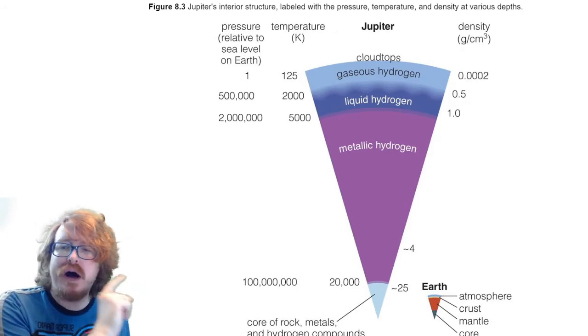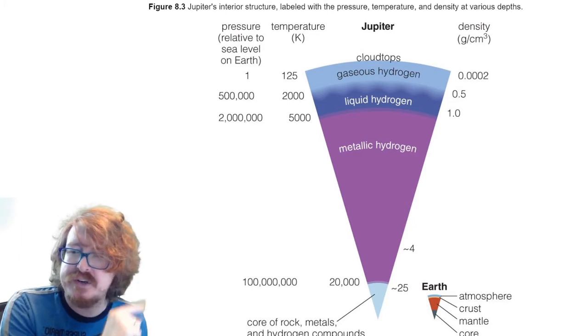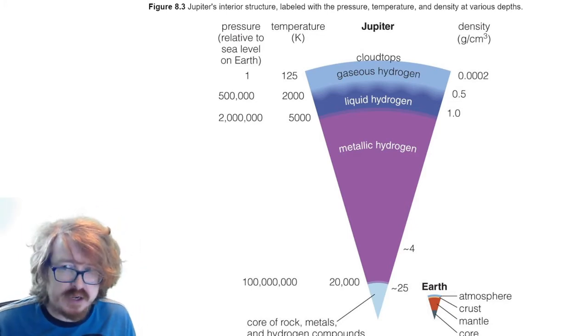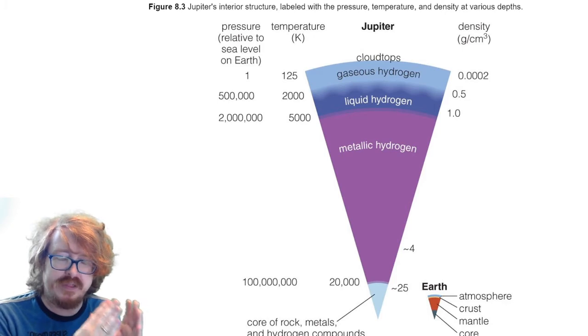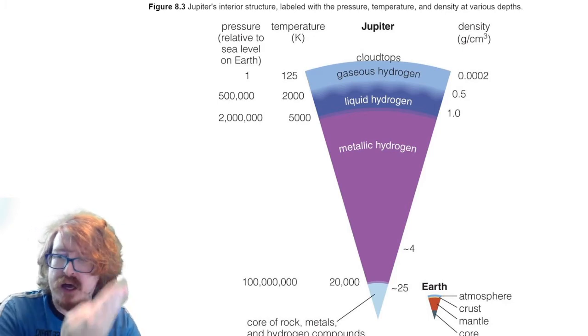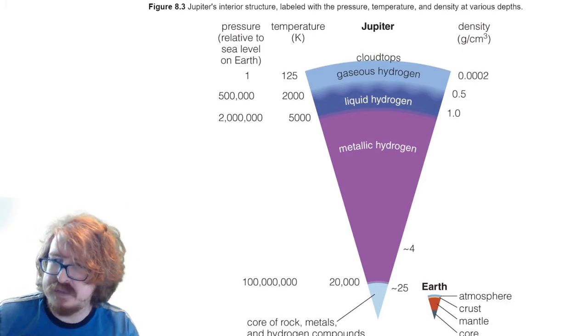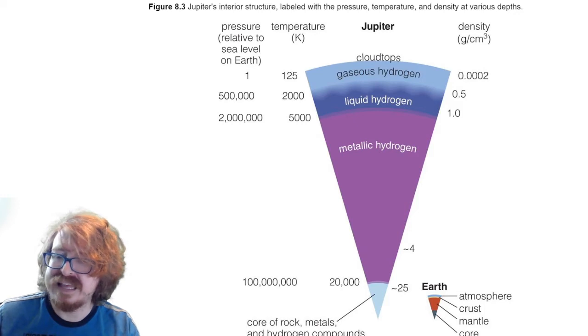There should be one other element mixed in with this hydrogen and helium. Can you guys figure out what that second element would be? Hydrogen's the most abundant thing in the universe. There's only one other element that there could be enough of to fill up an ocean and atmosphere this large. Helium. That is correct.